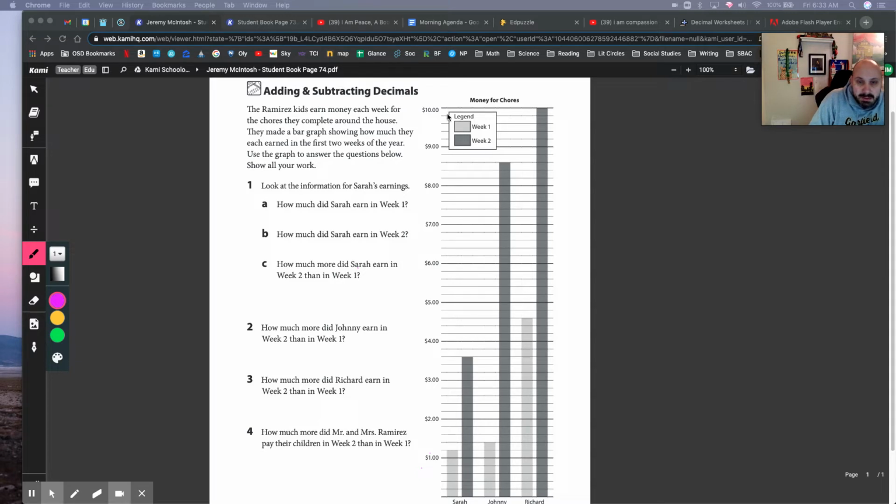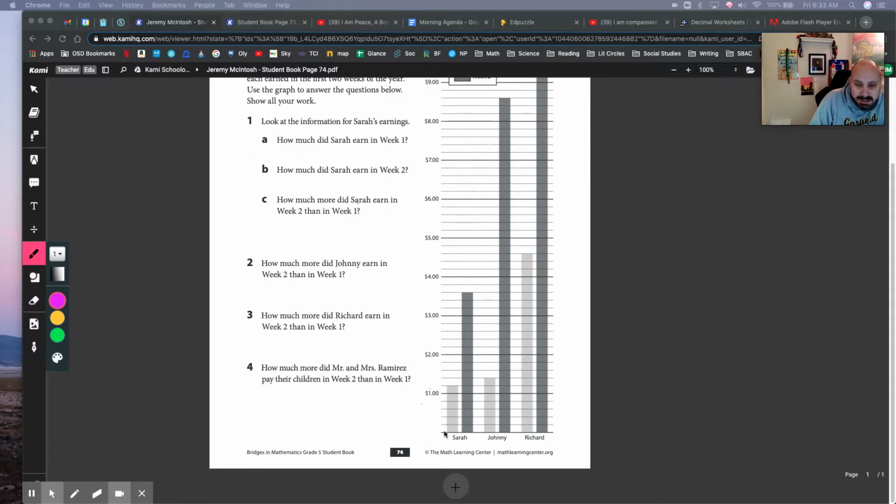The graph goes all the way up to $10, and it starts at $0 at the very bottom. So then it goes up in increments of $1, $2, $3. So it goes up in increments of $1. But then between each dollar, there's these little lines that are even, that gives us even smaller amounts of money between each dollar.